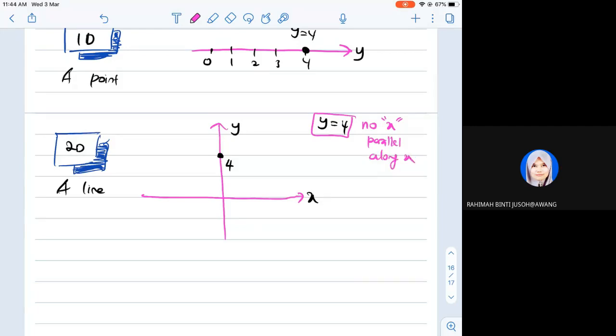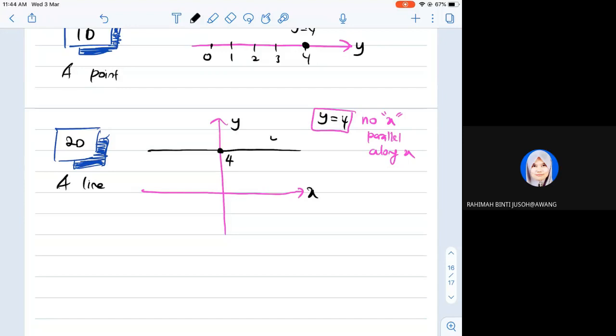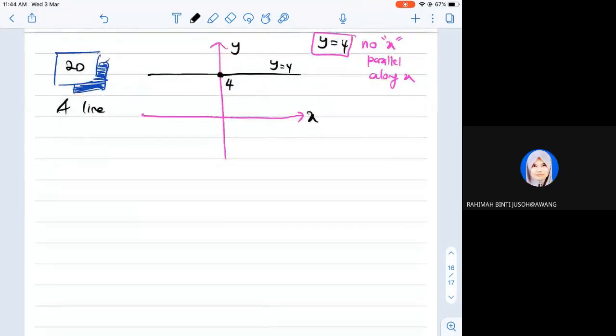Dia akan selari sepanjang paksi x. So dia akan selari macam ni. You all pun lukislah straight line tu. So that's the equation of y equals to 4 in 2D. Understand? Yes, madam.